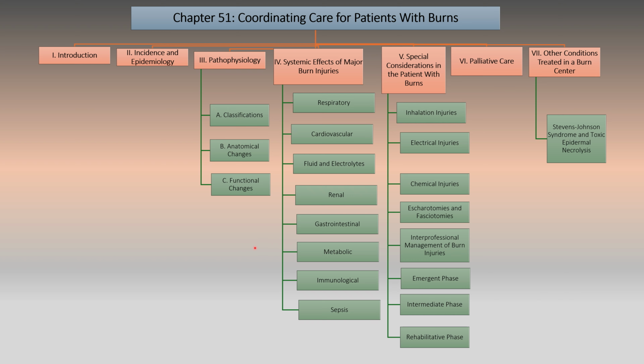Troponin and CK-MB levels are obtained for electrical injuries to detect damage to the cardiac muscle. Urinalysis for myoglobinuria is essential for electrical injuries and any extensive muscle damage, as myoglobin in the urine can lead to acute tubular necrosis.